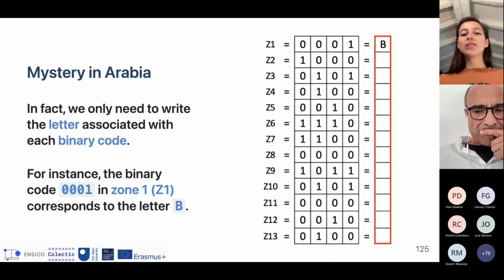So now we only need to write the letter associated with each binary code. For instance, the binary code in zone 1 is 0001, so it corresponds to the letter B. And we can do that for each of the 13 zones, and we get a message with 13 letters, right? Good. And that message will reveal who's guilty.